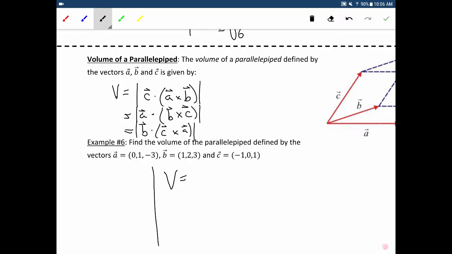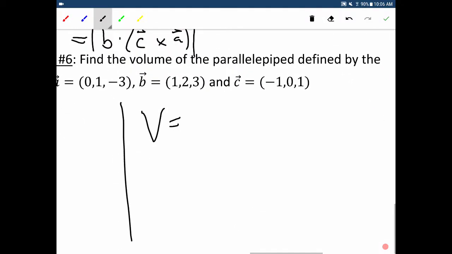So I'm going to write out the version of the formula that I'm going to use, and then go back and figure out the cross product that I need. So the volume here, I'm going to use A dot B cross C.